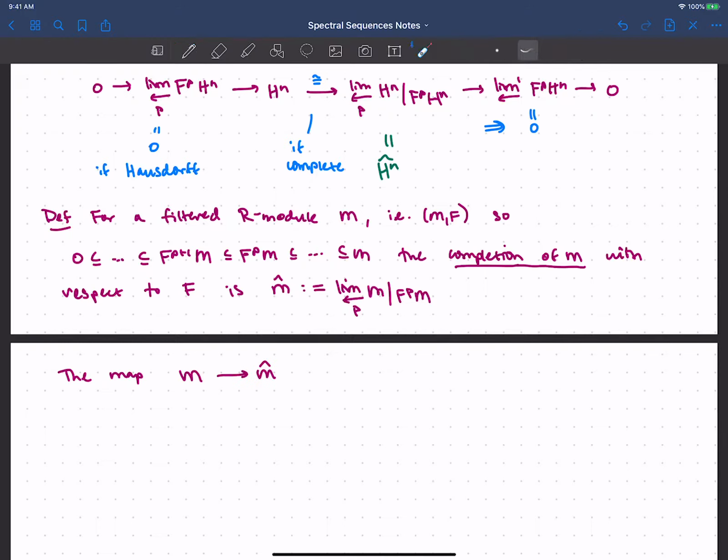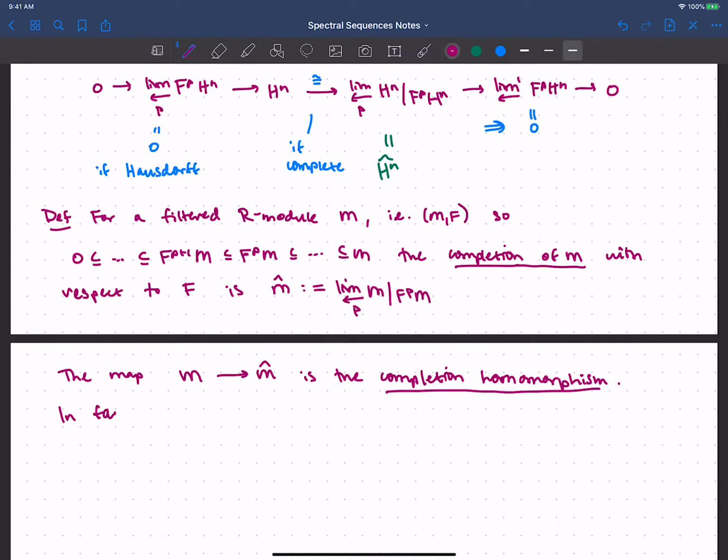It's exactly this map that we saw here, coming from the short exact sequence. So this is sometimes called the completion homomorphism.